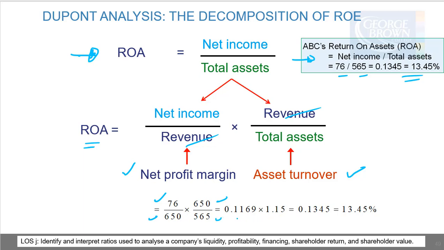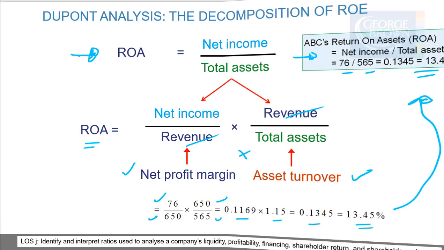That gives us 0.1169 times 1.15 gives us 0.1345, 13.45%, which is the same answer as net income over total assets. So our ROA, we were able to decompose it: net income over total assets, or net profit margin times asset turnover.